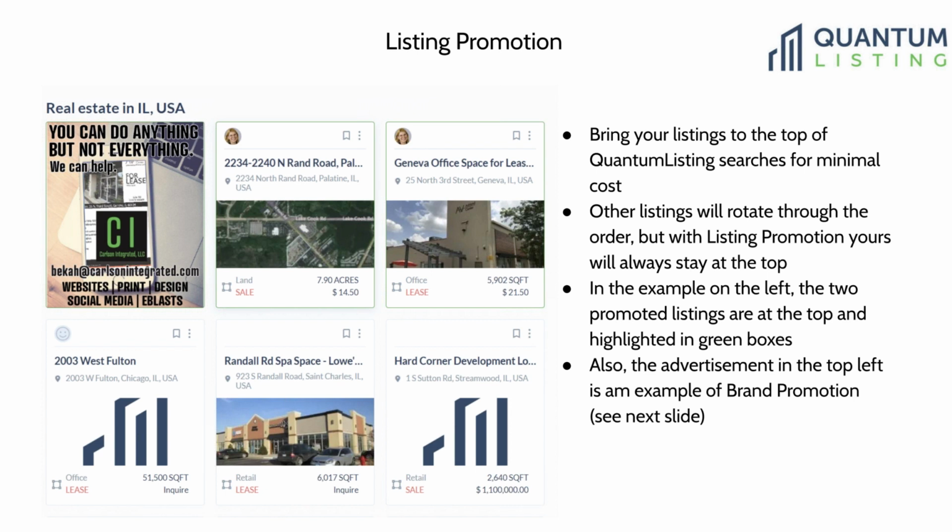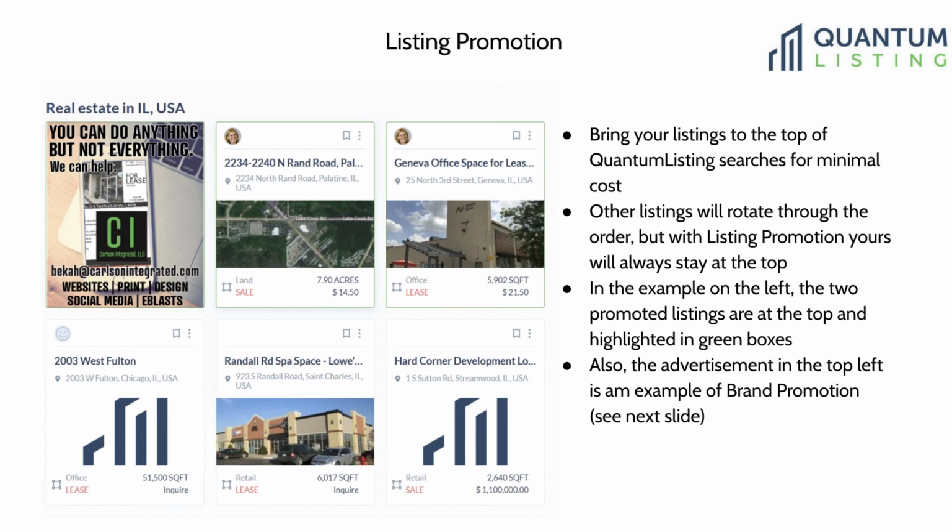So, we've all done thousands of Google searches by this point, and we all know that we're much more inclined to click on things at the top of the first page of a search. So if you want to give yourself a little bit of an edge here, you can promote your listings so that they'll show at the top of searches.